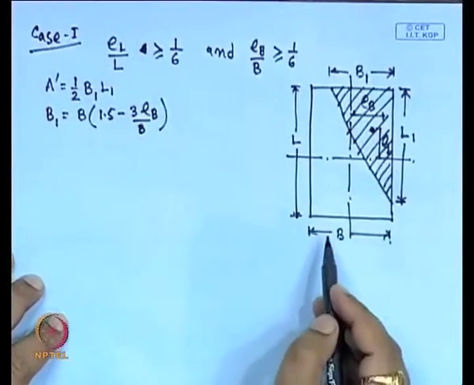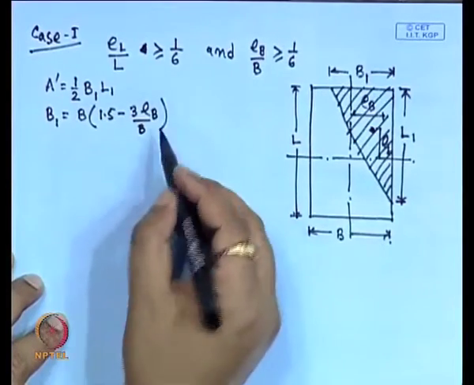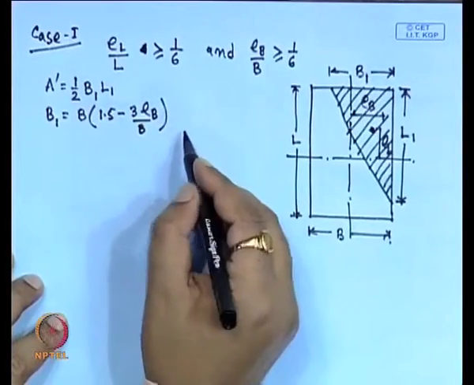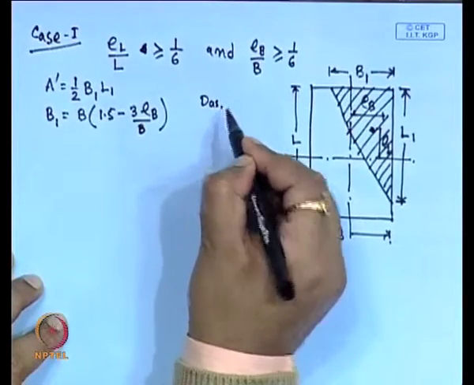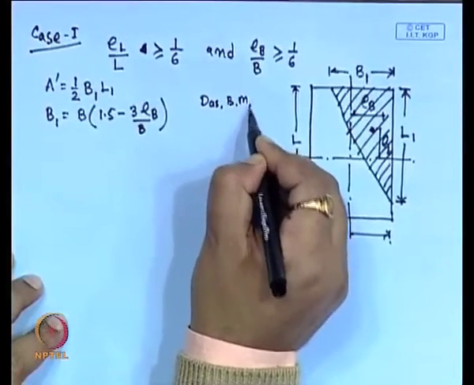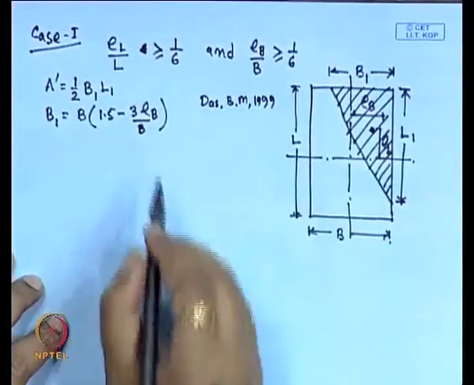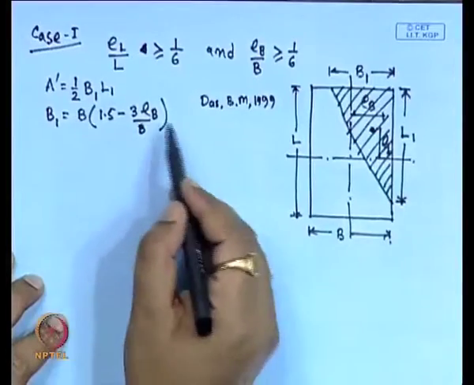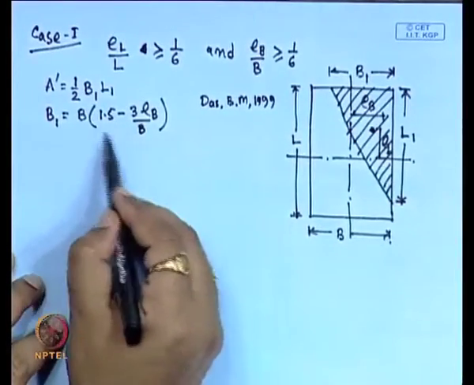Now, this is explained in B. M. Das book, B. M. Das 1999, so we can directly use this value.